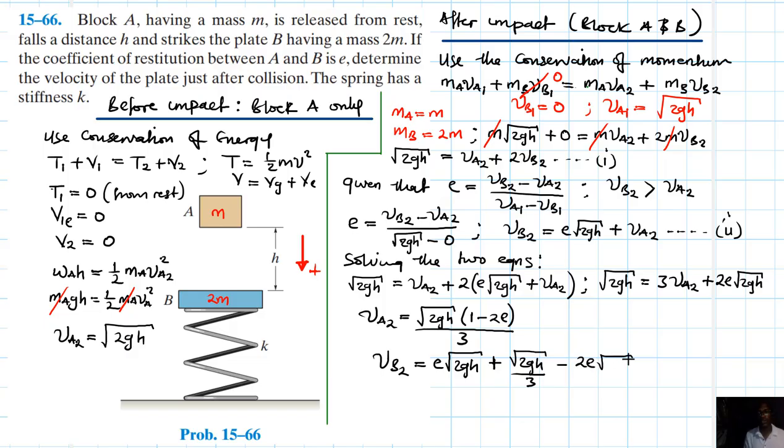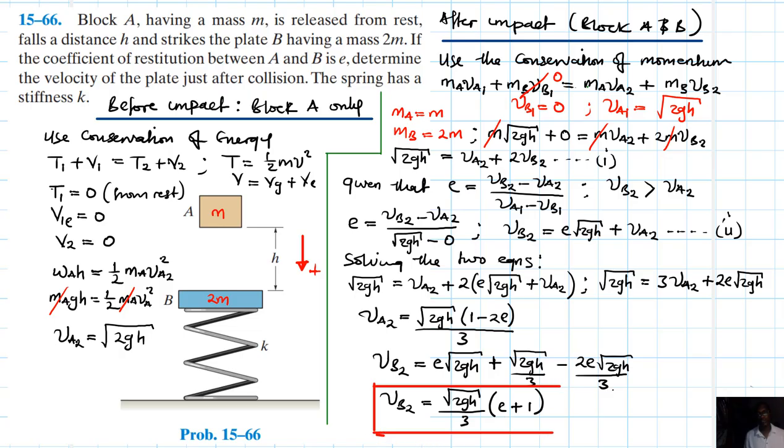Working out this, we have v_B2 is just equal to square root of 2gh divided by 3, and then we have e plus 1. Right. I think this is about it. We have found the value of the velocity just after collision.